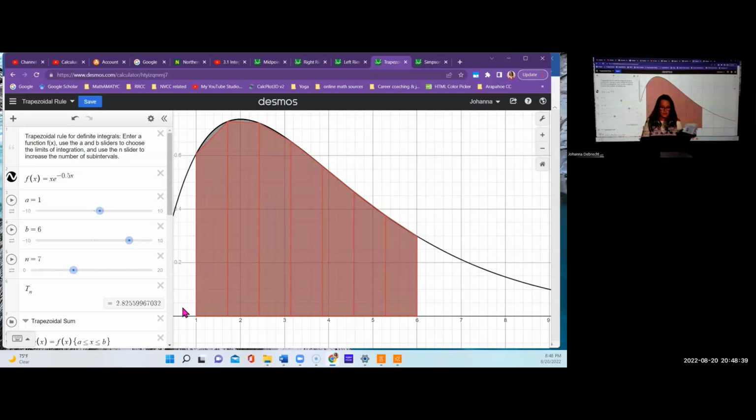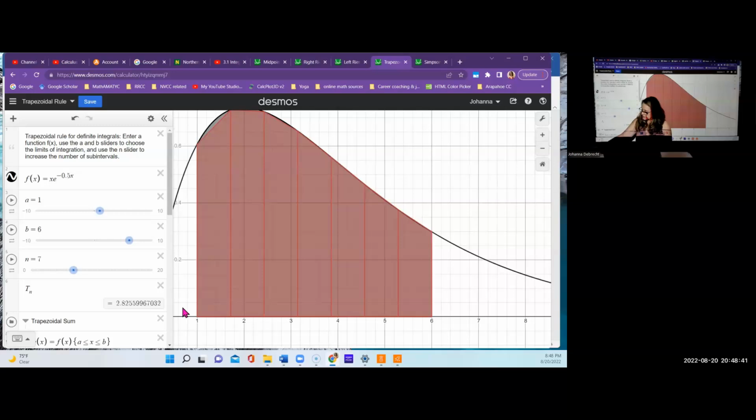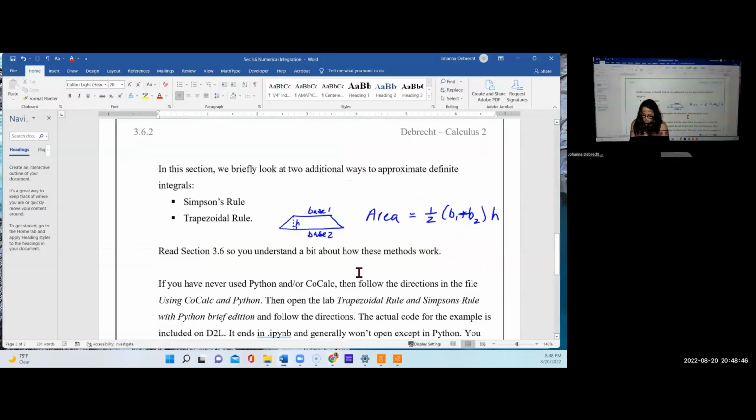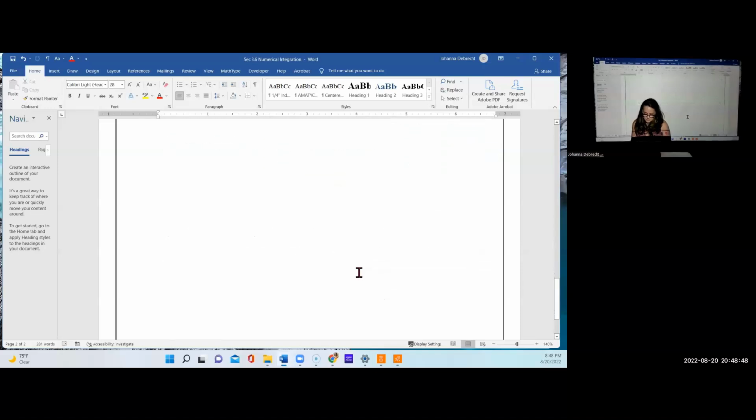So let's take a look now at what the formula is for the area under a curve using the trapezoidal rule.